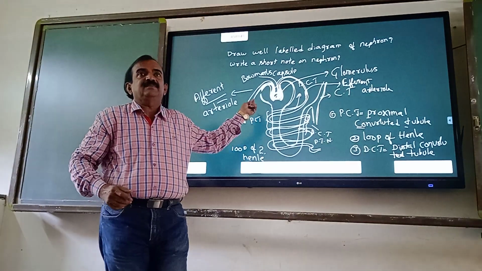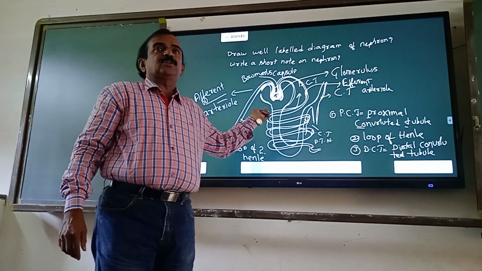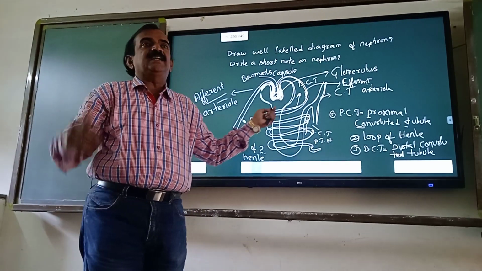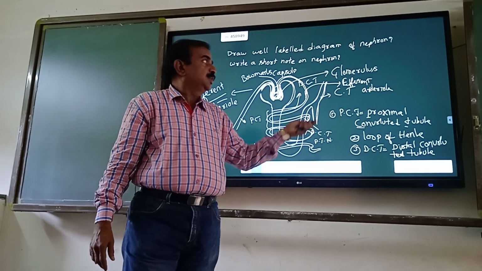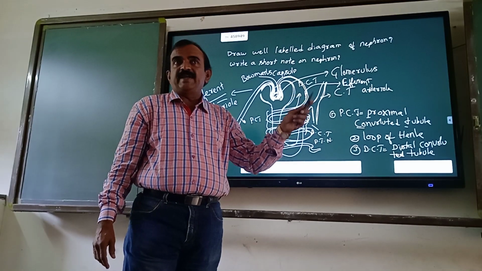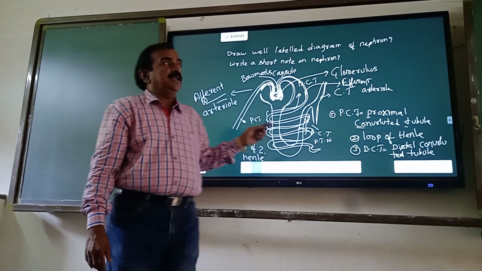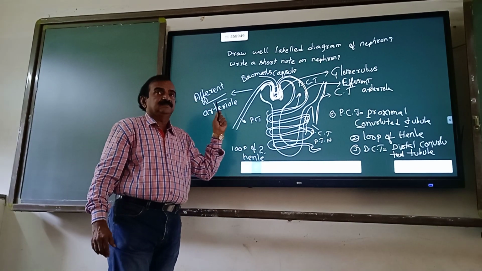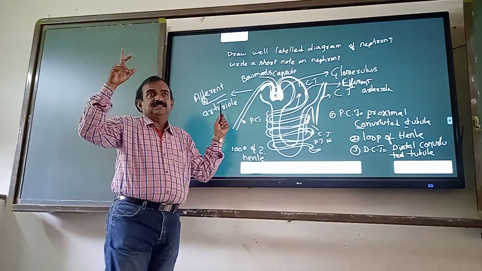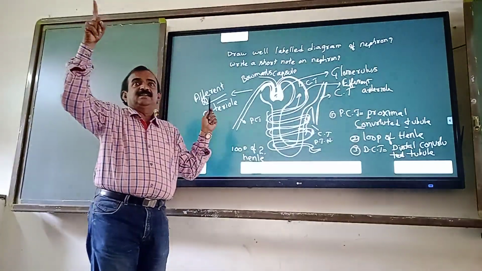What is the diagram there on the interactive flat panel? Say it louder. What is the other name for nephron? Uriniferous tubule. And what is the shape of the kidney? What is the color of the kidney? Where are kidneys present?